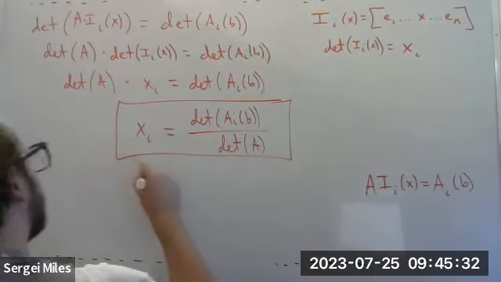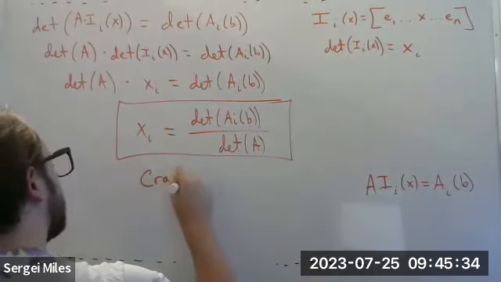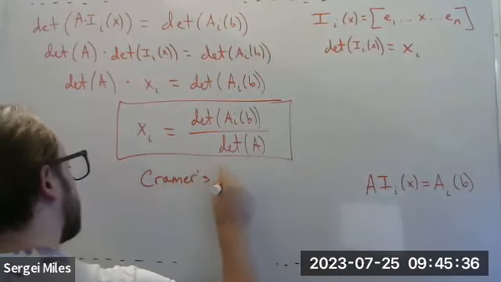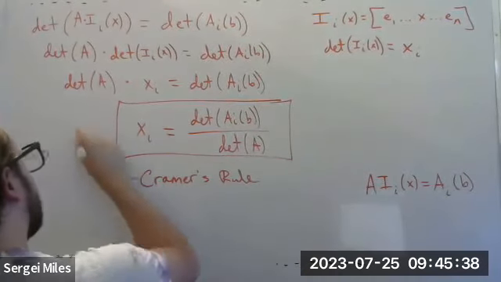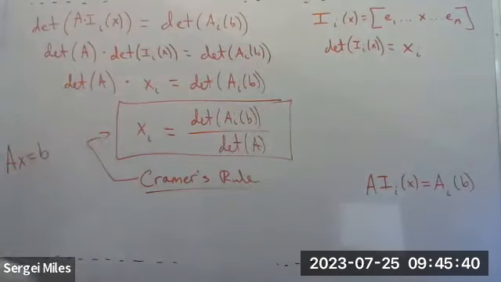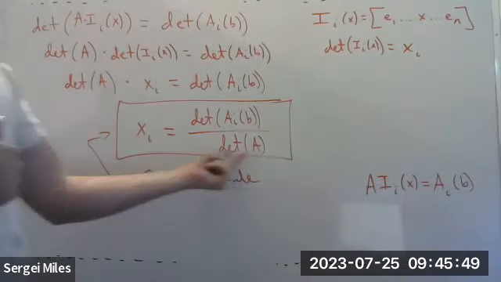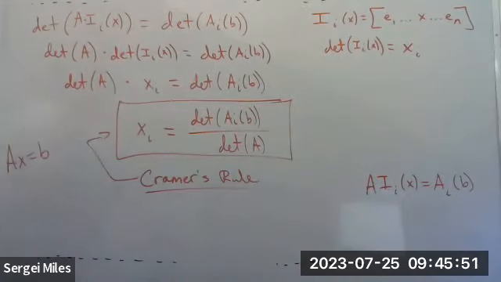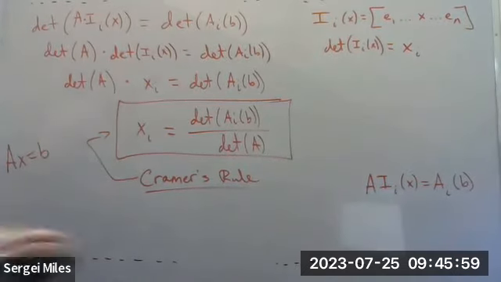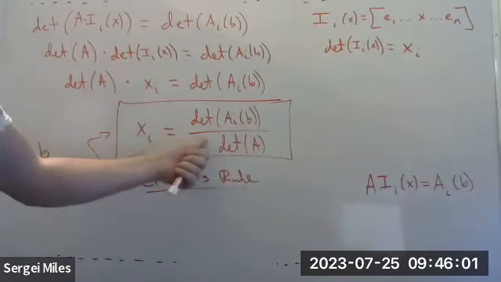This formula is called Cramer's rule, right? This is called Cramer's rule. So first of all, what do we need in order to be able to use Cramer's rule? Well, notice this rule divides by the determinant of A. If A is not invertible, that means the determinant is 0, in which case I can't calculate this at all.